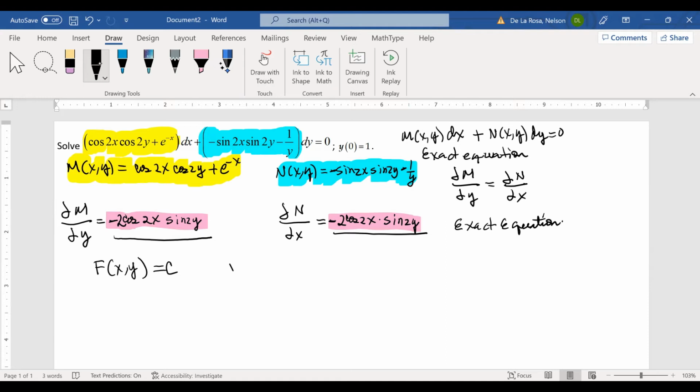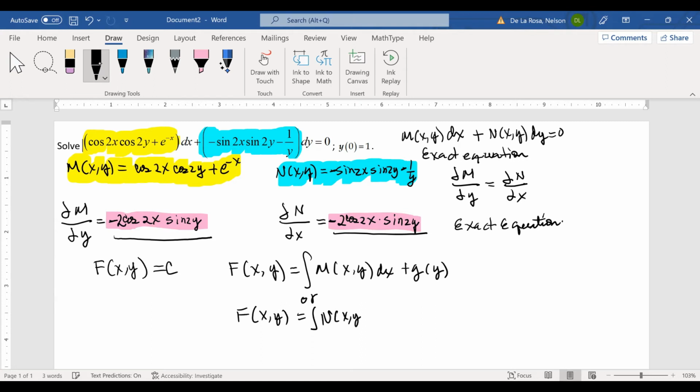We need to compute the function f(x,y) using the integral of the expression of M with respect to x plus some function depending on y, or find the integral of N, this time with respect to y, plus g of x.